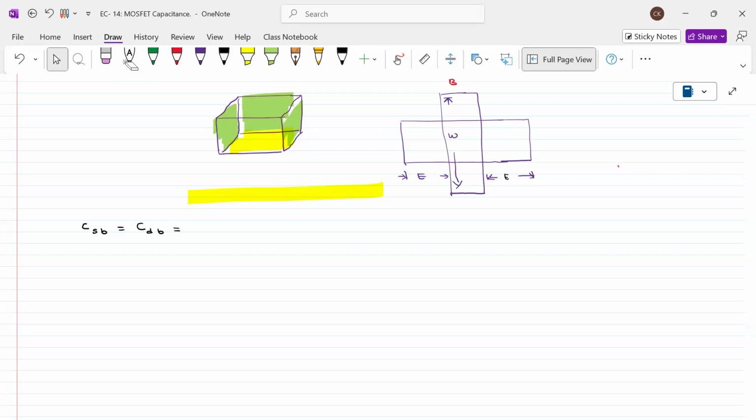It consists of two parts, bottom capacitance and sidewall capacitance.